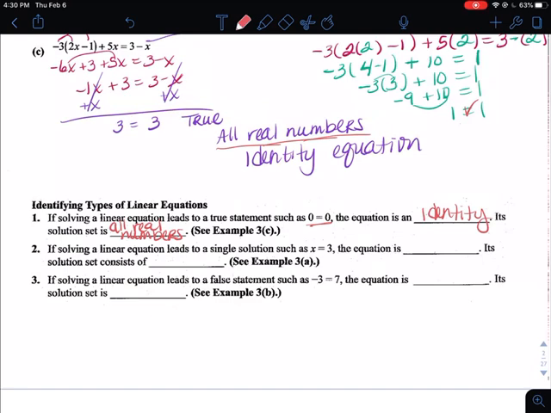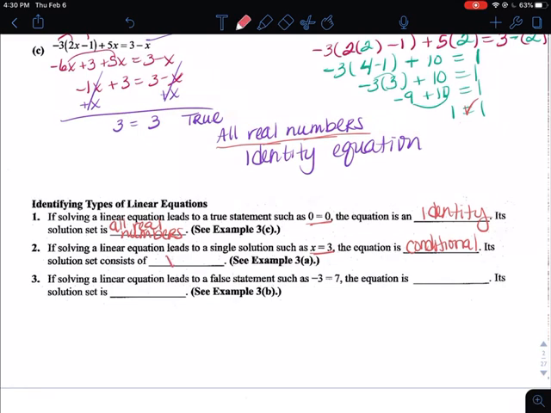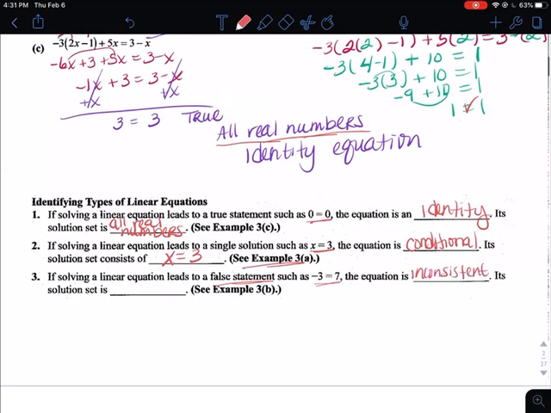If solving a linear equation leads to a single solution such as x equals 3, the equation is conditional. And in this case, its solution set consists of x equals 3. So that was the first example. And then it says if solving a linear equation leads to a false statement such as negative 3 equals 7, the equation is inconsistent. Its solution set is no solution. The circle with the line through it.